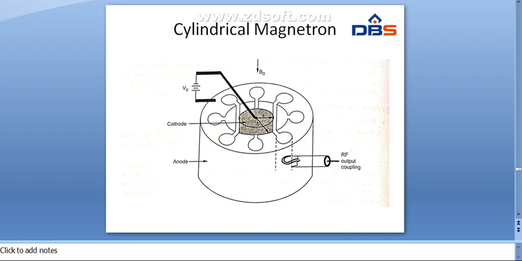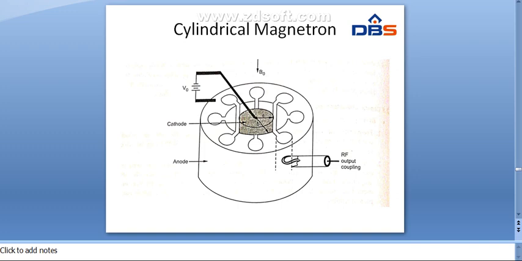It operates differently from linear beam tubes such as TWT and Klystron. Magnetrons are cross-field tubes in which the electric and magnetic fields are perpendicular to each other. So these tubes are known as M-type microwave tubes.